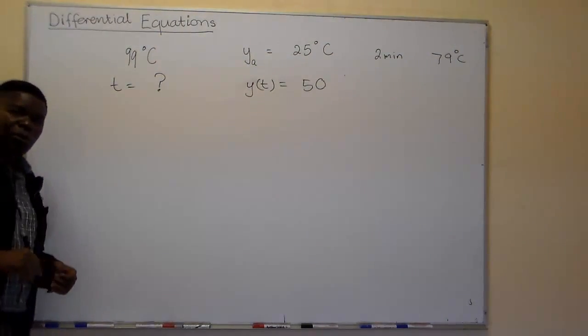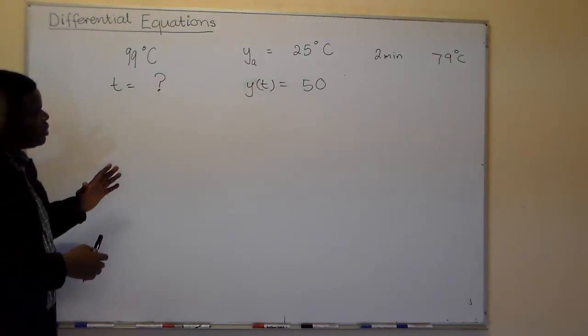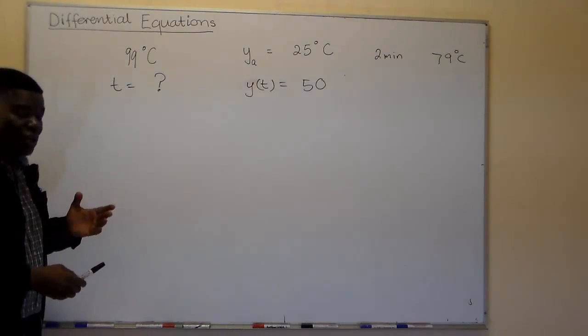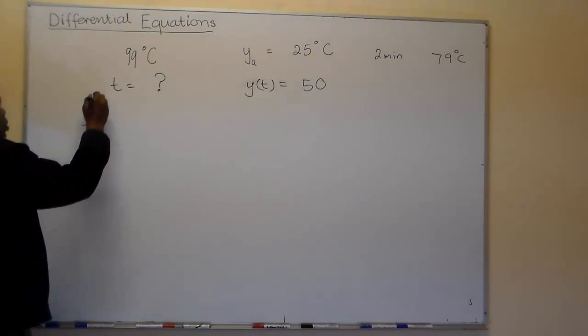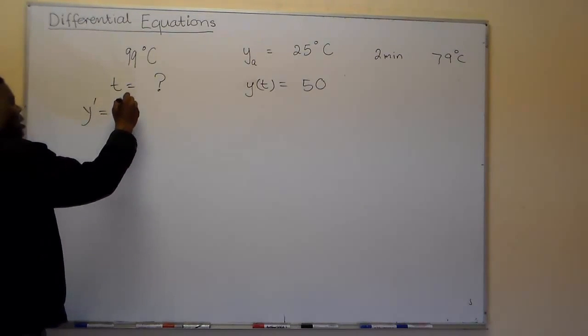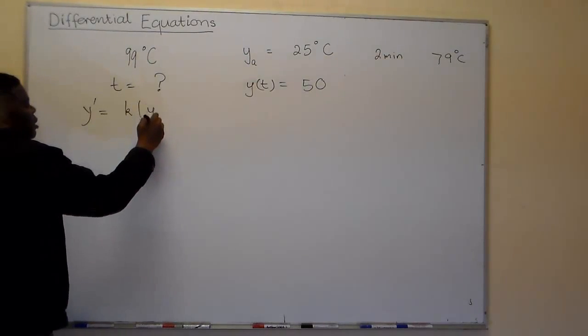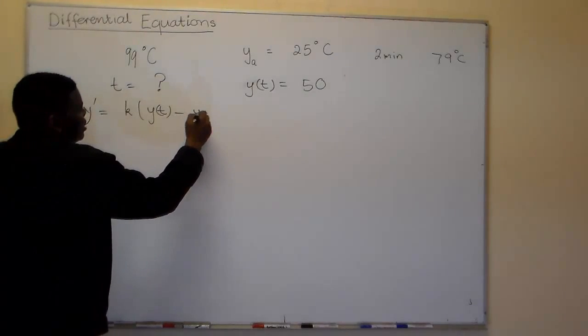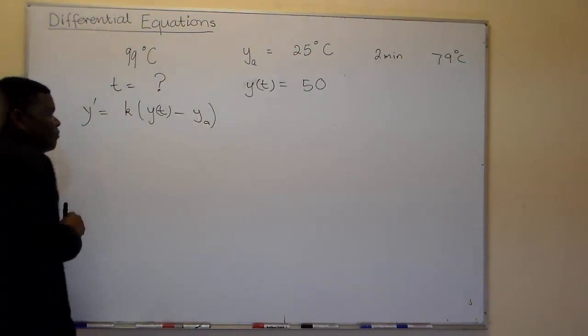Now, to solve this kind of problem, we need to remember the model of this type of solution, which is the first order differential equation y prime equals k times y of t, which is the temperature at time t, minus the ambient temperature.